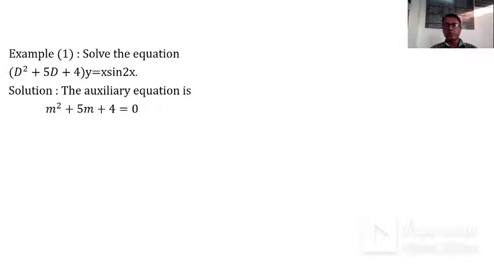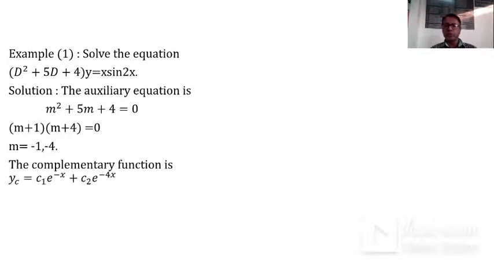The factors are (m plus 1) into (m plus 4) is equal to 0. Therefore, values of m are minus 1, minus 4. Therefore, the auxiliary equation has real and non-repeated roots. Therefore, the complementary function yc is equal to c1 e to the power minus x plus c2 e to the power minus 4x. This is the complementary function.